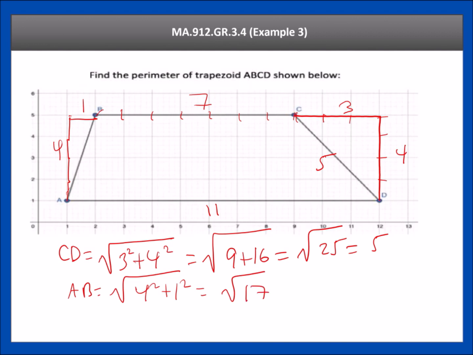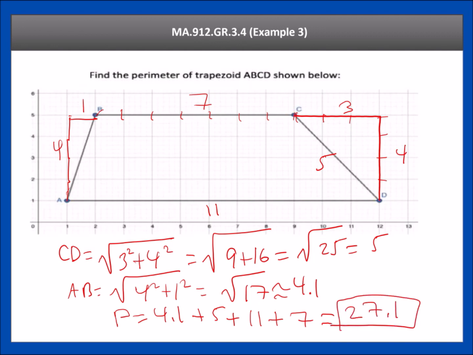And the square root of 17 is approximately 4 because 4 times 4 is 16, but we'll get that as a decimal. That's about 4.1. So the perimeter is 4.1 plus 5 plus 11 plus 7. We're just adding all 4 sides. So that's 9, 20.1. So 27.1 is your perimeter.